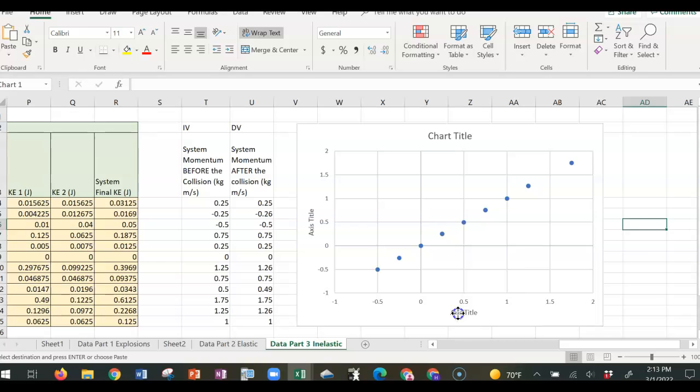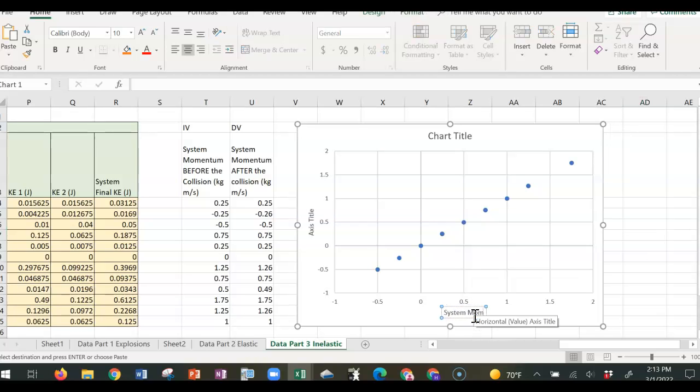On the x-axis, this is the system momentum before the collision, in kilogram meters per second. The y-axis is the system momentum after the collision, also in kilogram meters per second.